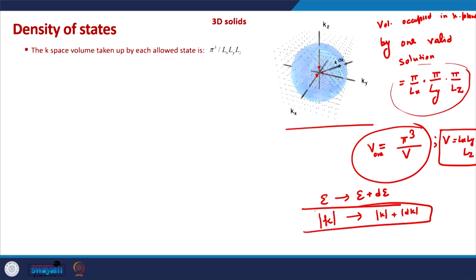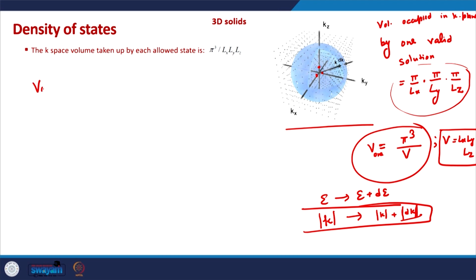To calculate this number, we plot a spherical shell of thickness dk in the k plane, and we see how many allowed states are there in this spherical shell.